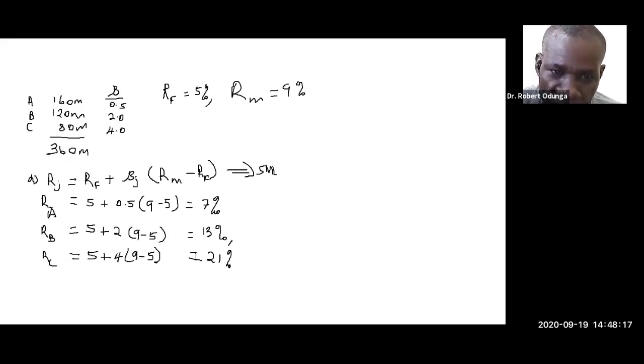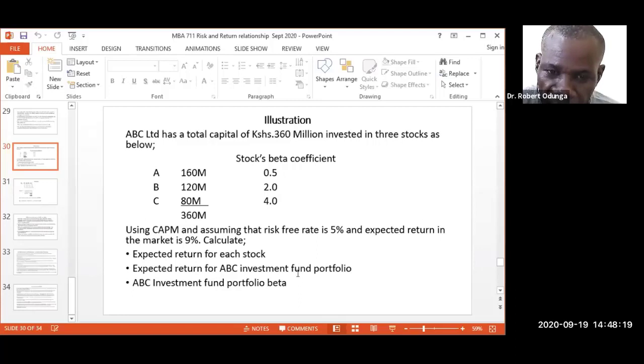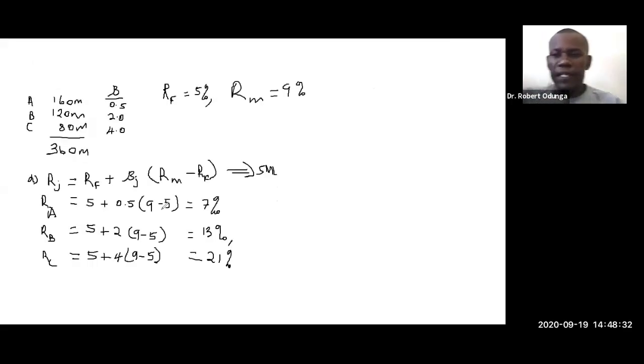Okay, part B: expected return for the ABC investment fund portfolio. If you have each of the projects invested, with expected returns like you've computed here, what do you do to get the portfolio's return? Applying the same concept we discussed last week.